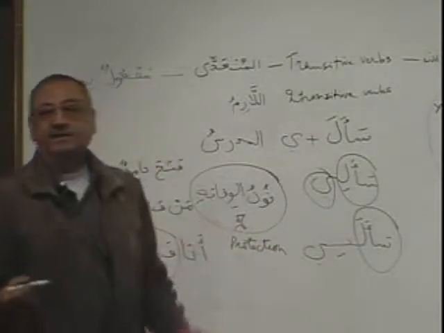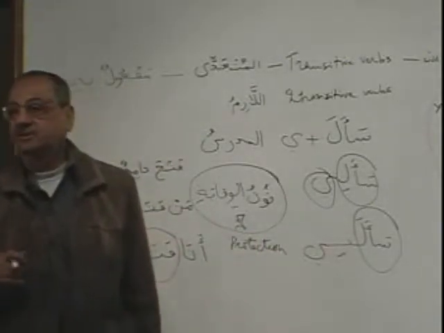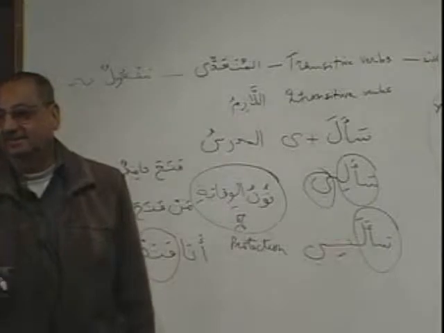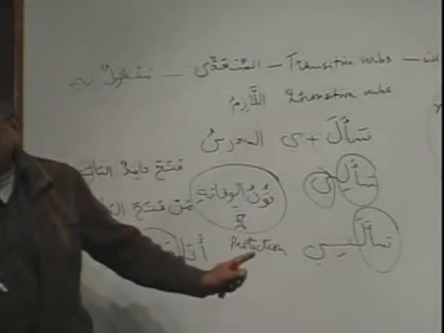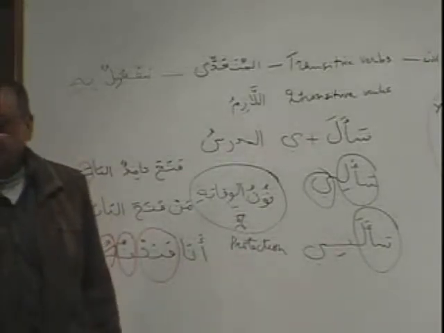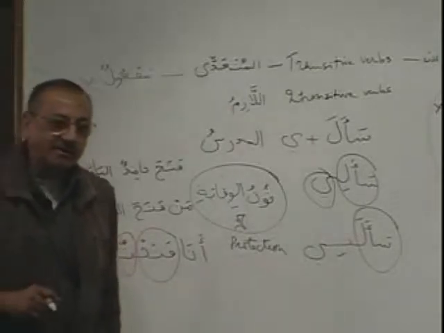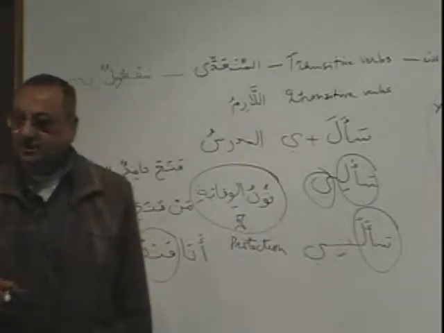See, Nunul Wiqaya, what kind of a murakkab is this? Nunul Wiqaya, mudaf mudaf ilayhi. So you can put "of" in between. Noon of protection. You got the idea, brothers and sisters?